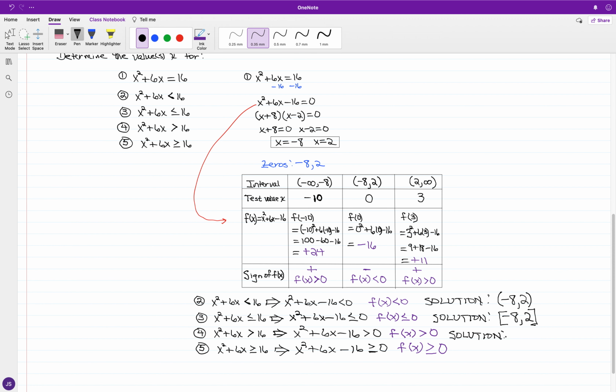again, for x squared plus 6x is greater than 16, we have this as a comparison to 0 inequality. And for the solution, this will make reference to where we have f of x is greater than 0. So where it is greater than 0, we have this set of values.